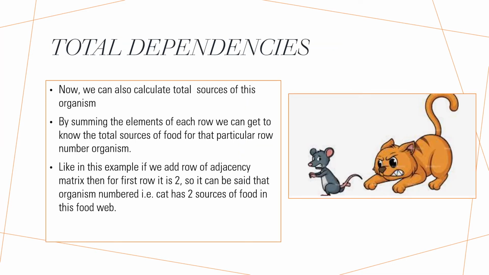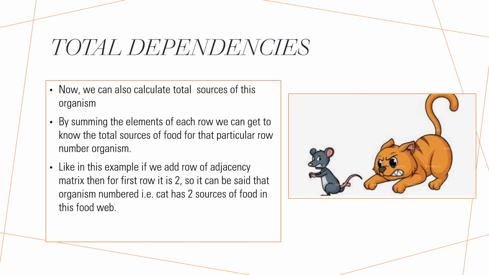Now let's understand the third important piece of information that we can gather from performing some matrix algebra. This is getting the total dependencies of the sources for any animal. If we perform the matrix addition of A and A square, we get the total number of dependencies of the ith animal on the jth animal.